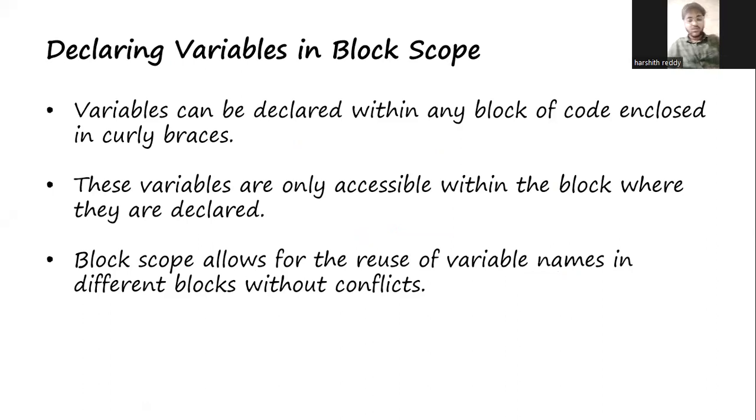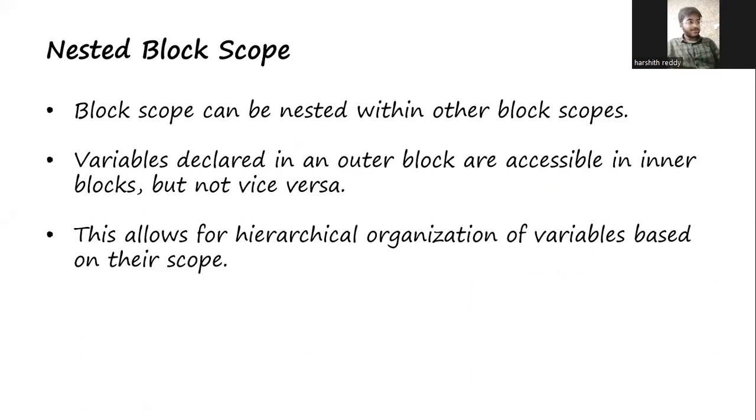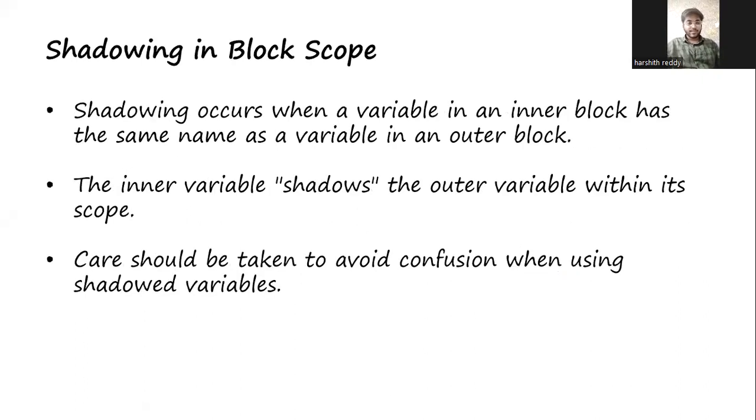Let us know some more about block scope. There are some types of block scope, like nested block scope. The nested block scope is a block within another block. Variables declared in an outer block are accessible in the inner block, but not vice versa. This allows hierarchical organization of variables based on their scope. And there is another concept called shadowing.